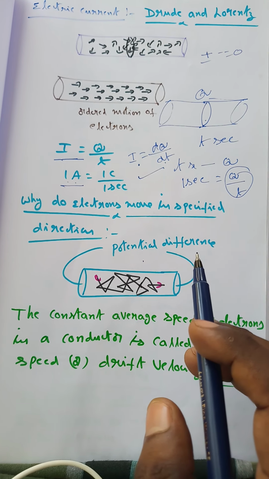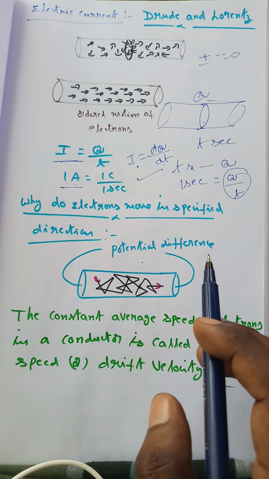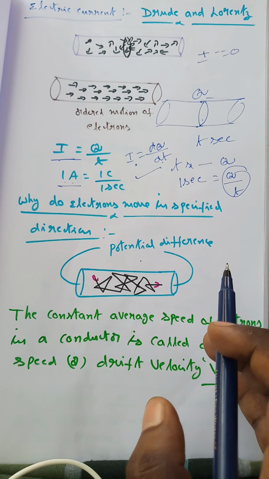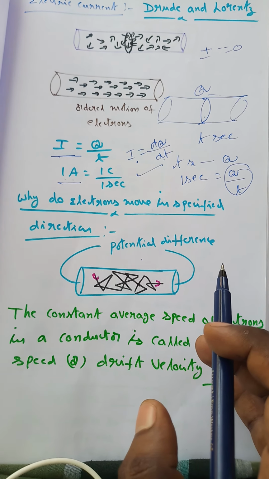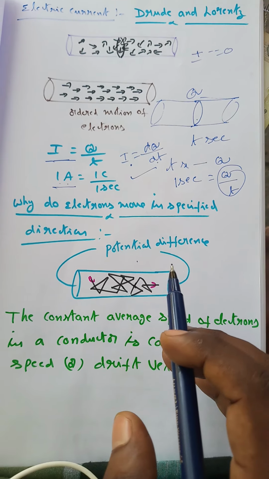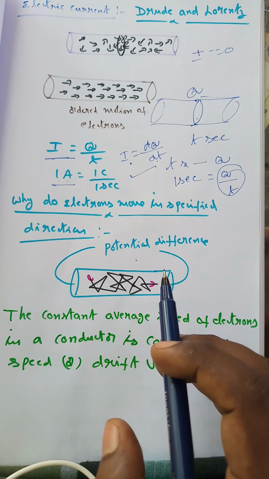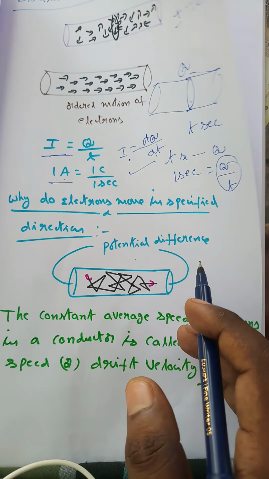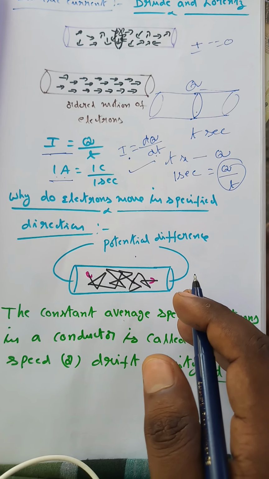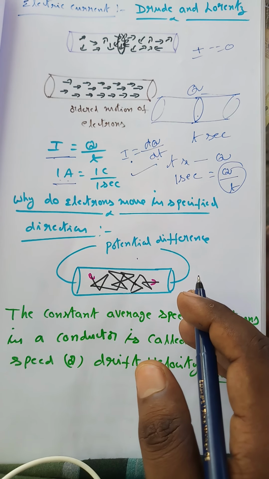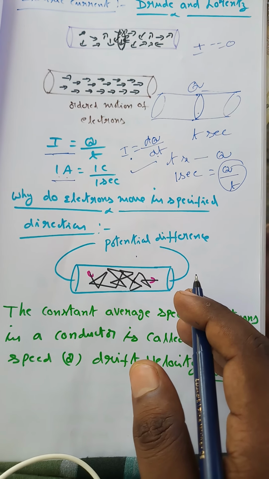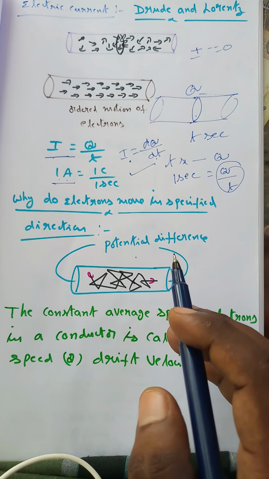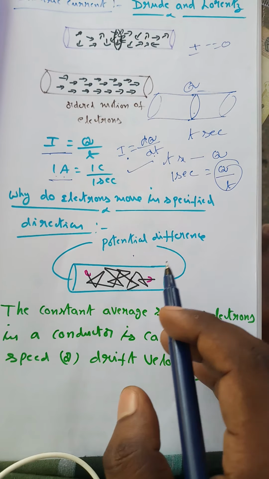Atoms have positive charge nuclei, innermost electrons and outermost electrons, and those outermost electrons are called free electrons. While moving, these free electrons can collide with the positive charge nuclei which remain at rest. Those positive charge nuclei are called the lattice. That means these electrons can collide with the positive charge lattice.